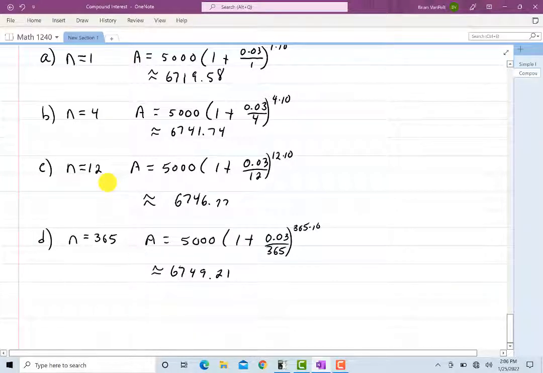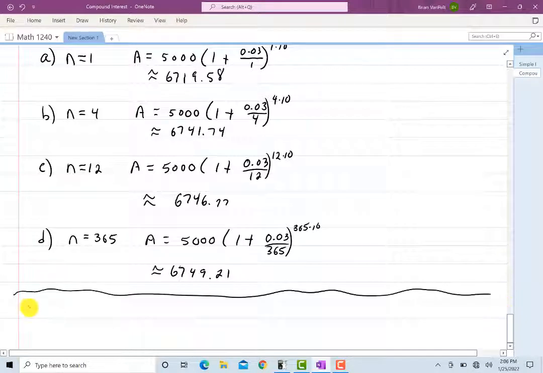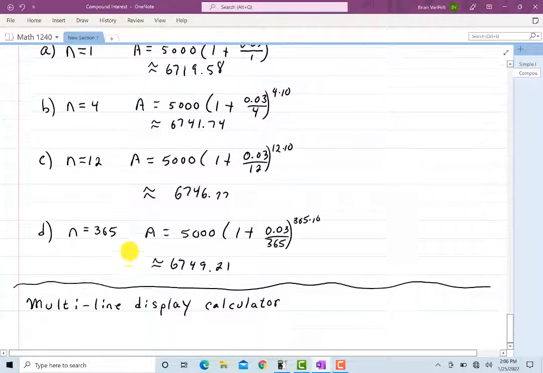Next, I'm going to work on a calculator that has a multi-line display. And I'm going to redo all the examples as before.